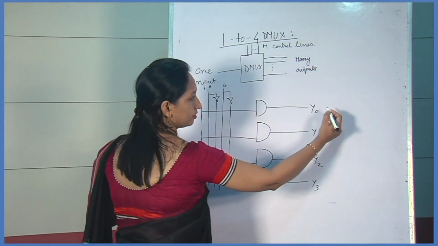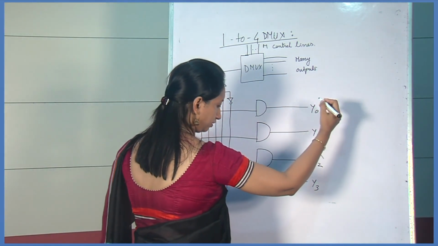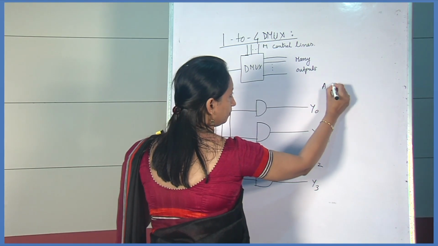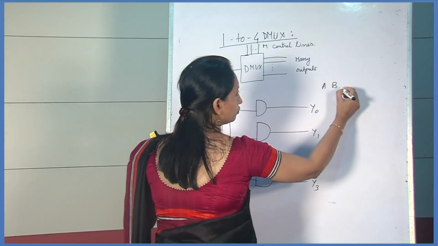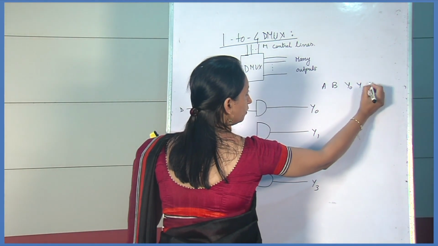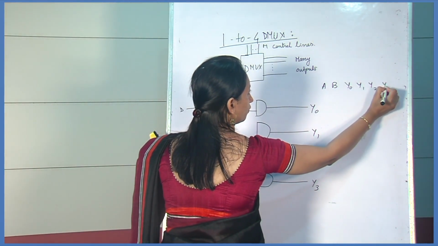So let us first see the output truth table, that is A, B, and 4 outputs, Y0, Y1, Y2, and Y3.